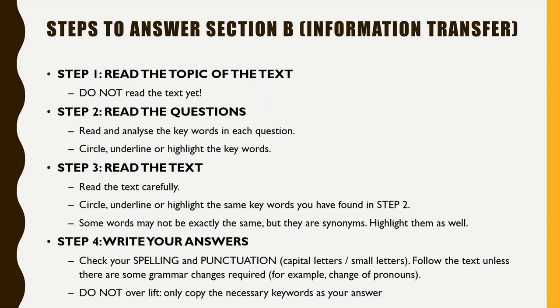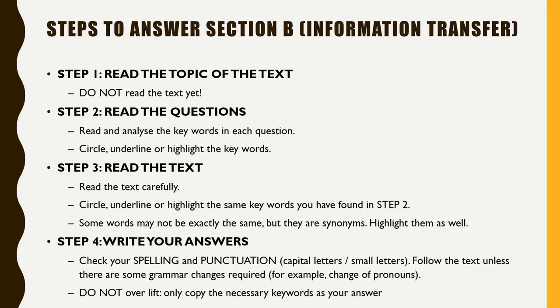We have reached the end of our discussion for section B, information transfer. So before I go, let's summarize all the 4 steps that you need to follow in order to help you answer this section. Step number 1, please make sure you read the topic of the text, but do not read the text yet.